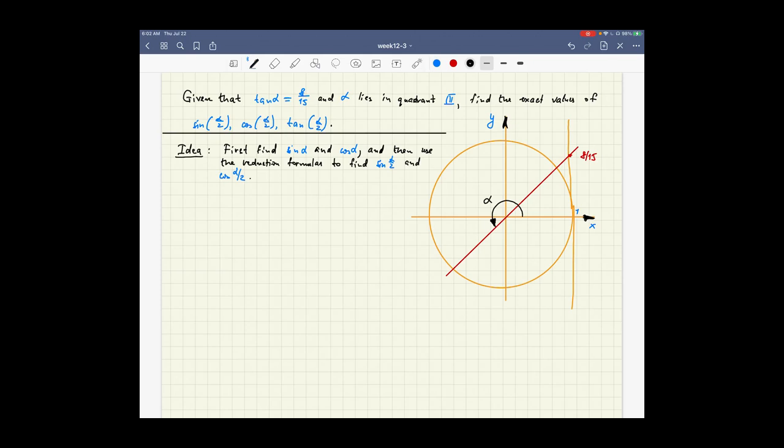All right, can we find sine and cosine alpha from the information we know? Well, let's look at the unit circle.